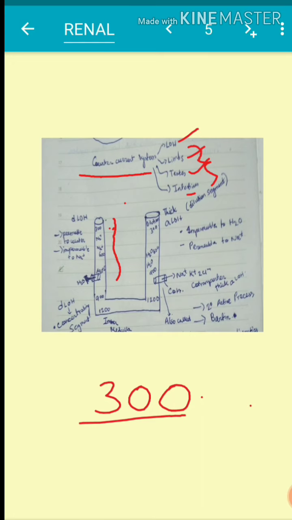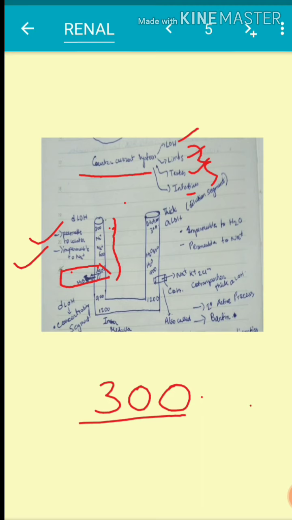So after that we have to note a point that the descending loop of Henle is permeable to water, but it is impermeable to sodium. So what will happen next? Water will move out. You can see here the aquaporin. I know the drawing is terrible, but still.